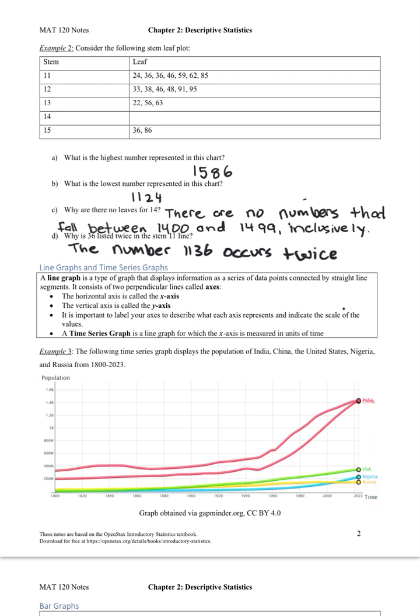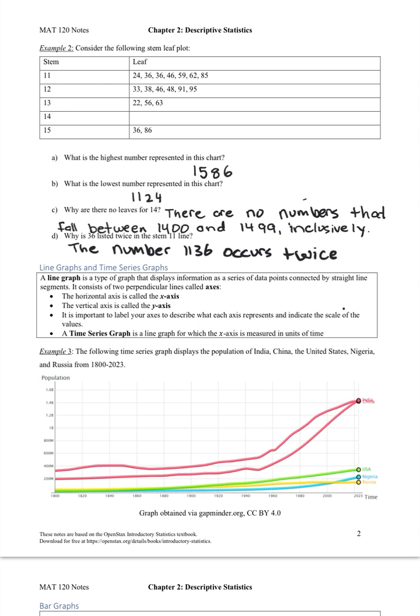If we are asked to find the population of the USA in, say, 1960, we'll notice USA is this green color. 1960 appears here on the x-axis, so we can see that the population is maybe just under 200 million.